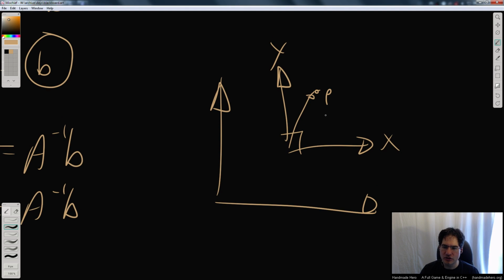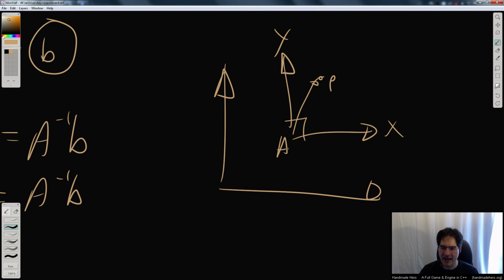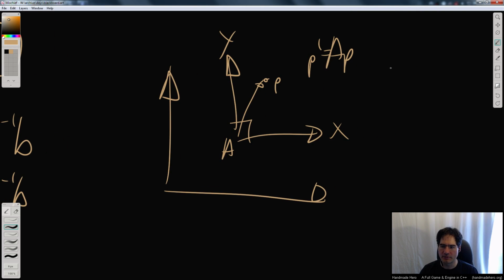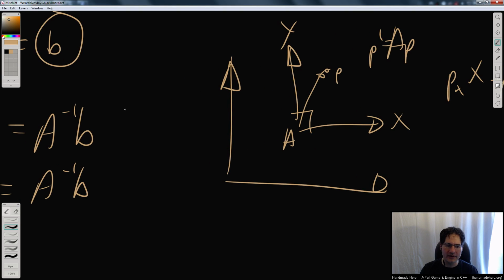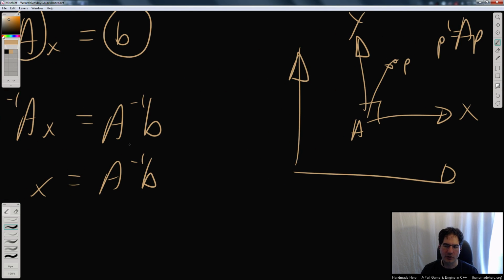If this is transform A, we've been producing AP, P prime equals AP. We've been writing it out as px times the x-axis plus py times the y-axis, but like I showed earlier in this episode, you can write it that way as well. Well, the inverse solves the opposite question.